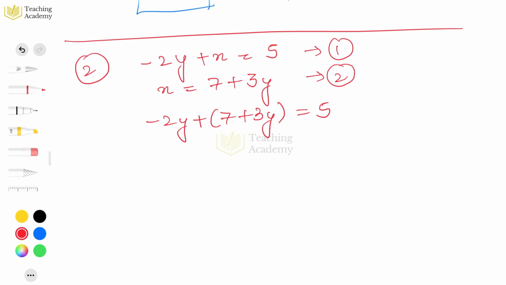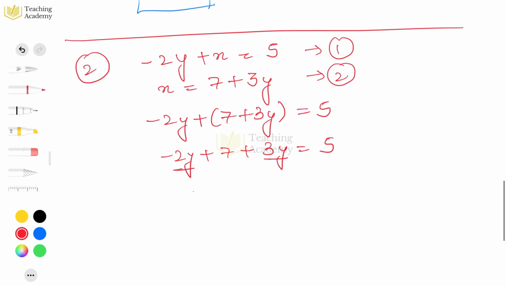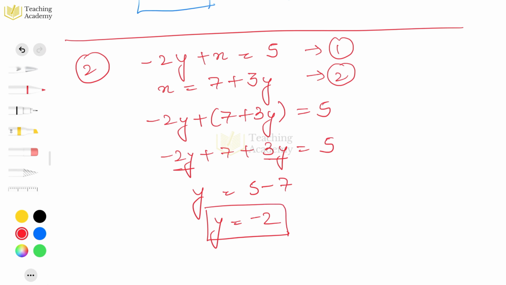It is a much easier way to execute the answers. So the answer will come out like this: negative 2y and 3y is going to give you a y, and this is 5 minus 7, which is negative 2. So this is one solution here.